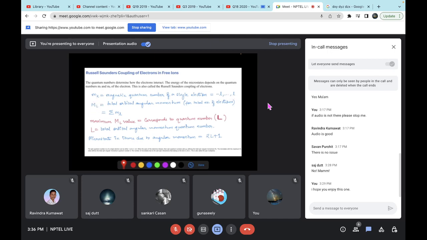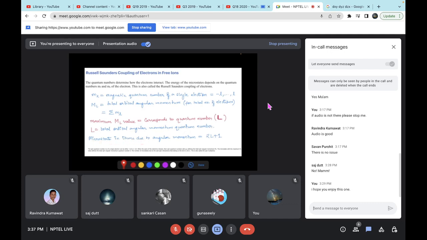And capital ML is the total orbital angular momentum for the total number of electrons, which we can calculate as the sum of the magnetic quantum numbers of single electrons. The maximum value of capital ML corresponds to the quantum number capital L, the total orbital angular momentum quantum number.